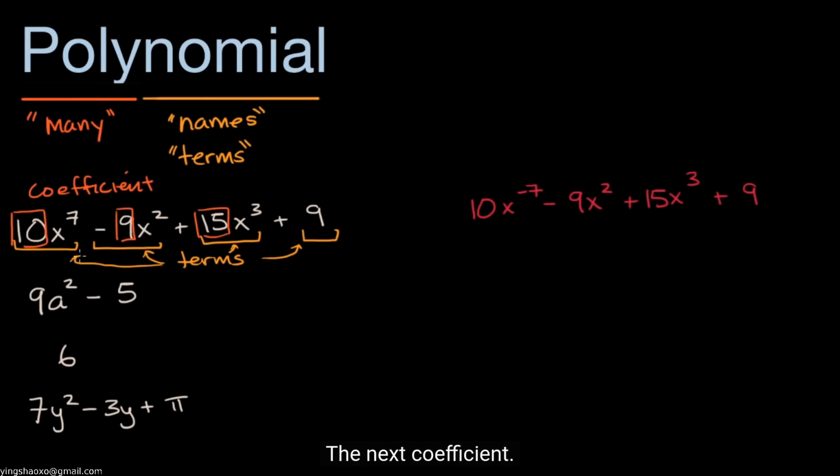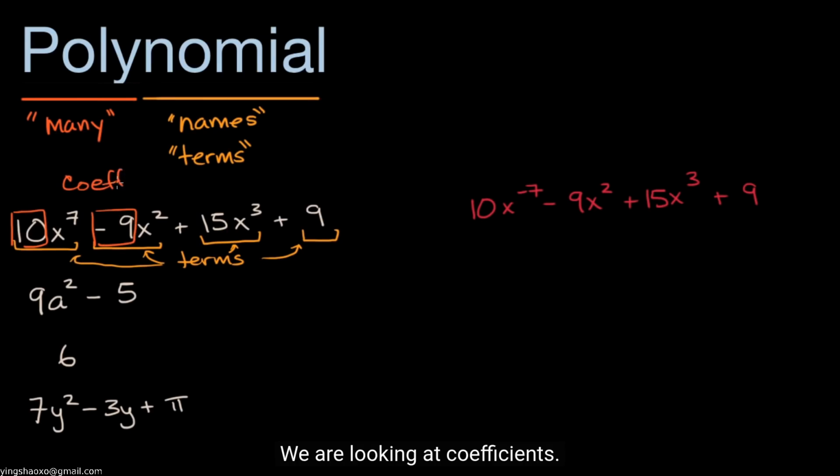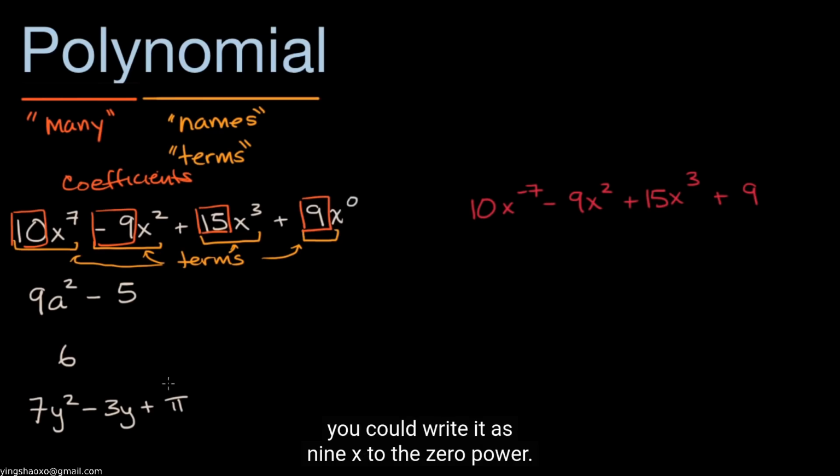The next coefficient, and actually let me be careful here, because the second coefficient here is negative 9. So we are looking at coefficients. The third coefficient here is 15. And you can view this fourth term, or this fourth number, as the coefficient, because this could be rewritten as, instead of just writing it as 9, you could write it as 9x to the 0 power.